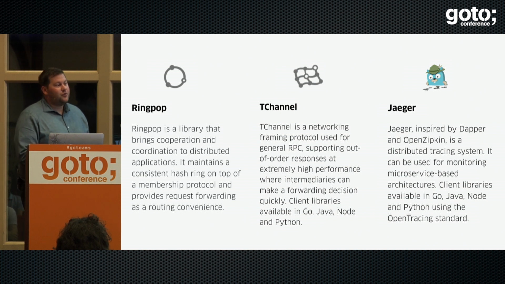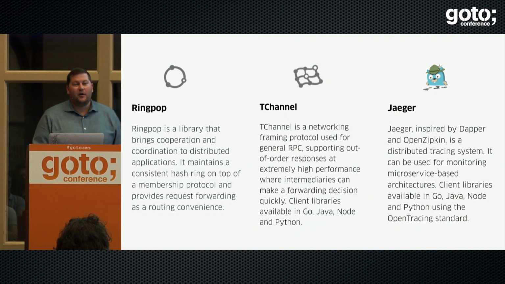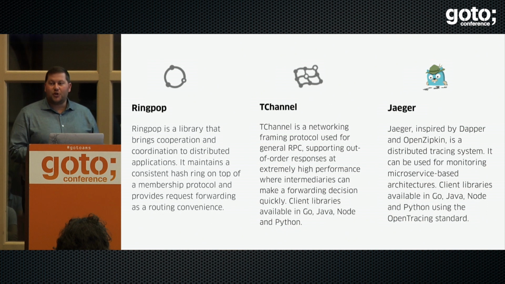And so one of the first tools that we wrote in Node.js to help us scale applications was RingPop. RingPop provides application-level sharding. And so it allows you to bring distributed coordination to distributed services. But really, it's a hash ring on top of a membership protocol that allows you to choose either this instance of our application can handle the request, or I need to forward it to the appropriate instance that can.